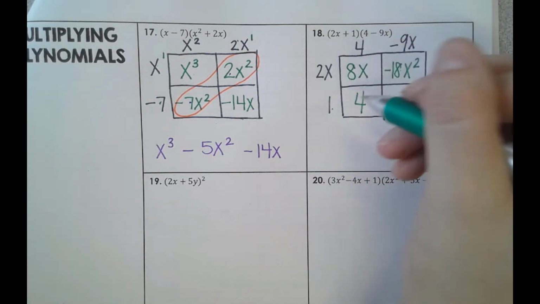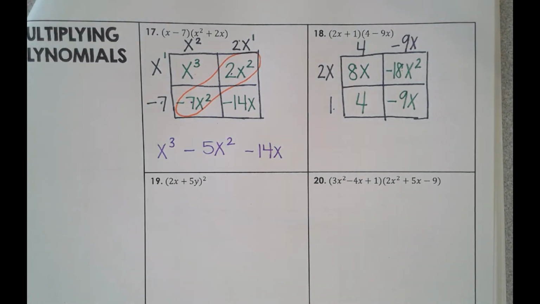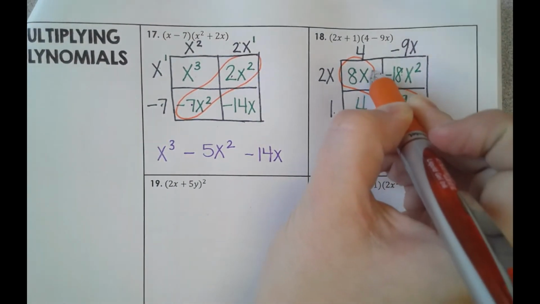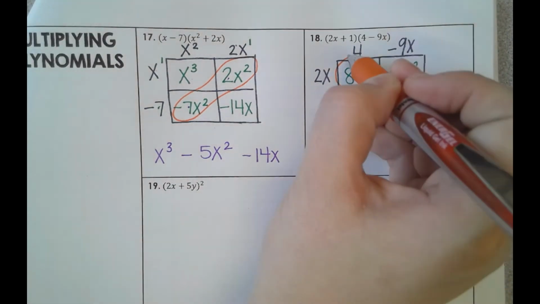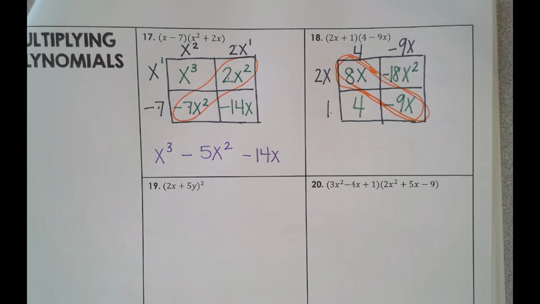Negative 9x times 1 is negative 9x. Notice we have some like terms. Most of the time, your like terms will be kind of in the diagonals. Not always, but many times.